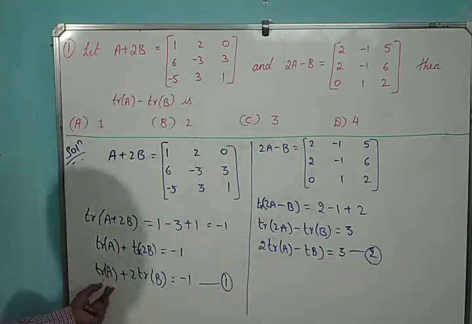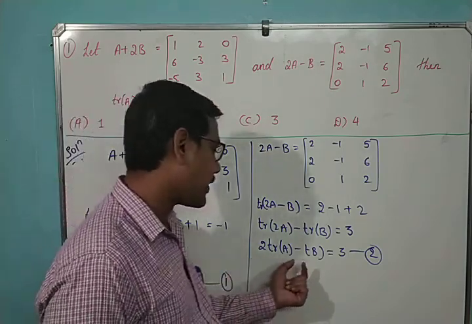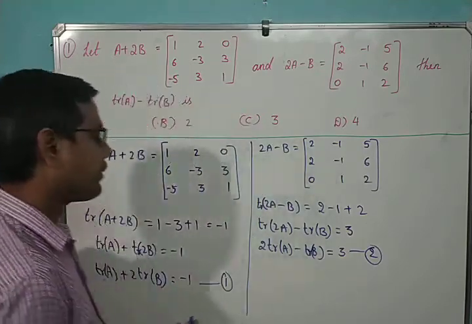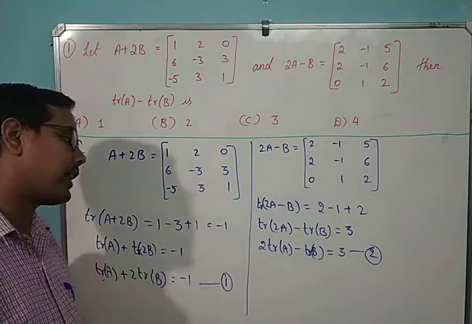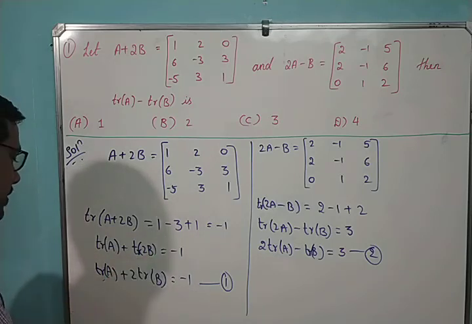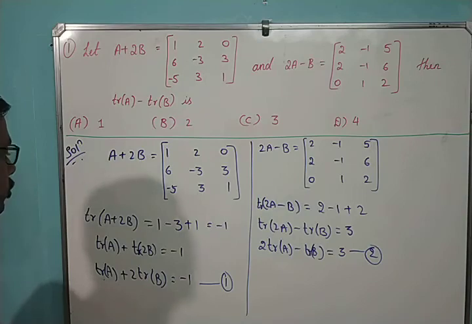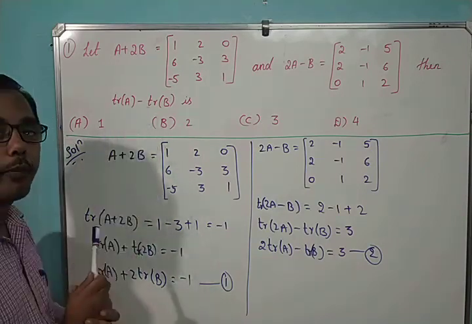Now you can see trace of A plus 2 times trace of B is equal to minus 1, and 2 times trace of A minus trace of B is equal to 3. Now we can eliminate any one value, either trace of B or trace of A, right? If we add both equations, we should find trace of A minus trace of B, so trace of A should be positive and trace of B negative.